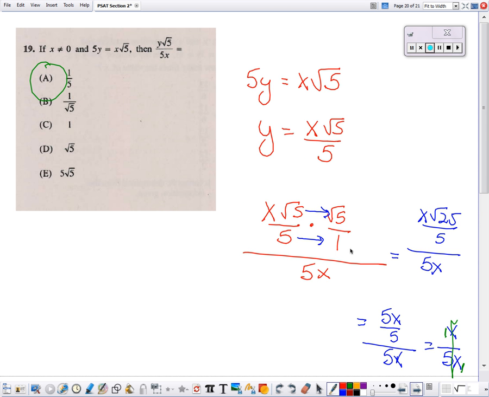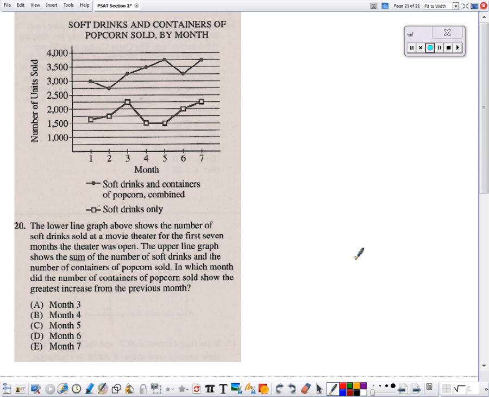And for the last problem, number 20. Greatest increase from the previous month, look for the steepest slope. So that happens between month 3 and 4.